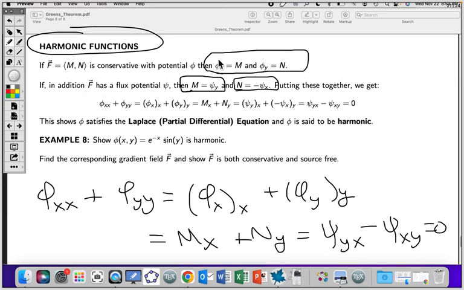This shows that the potential function here, phi, satisfies the Laplace differential equation, and therefore it's called a harmonic function. And once again, you can go and look and see what the Laplace equation models. I think it's vibrations on a drumhead or something.